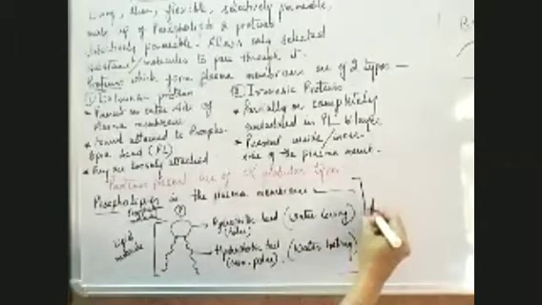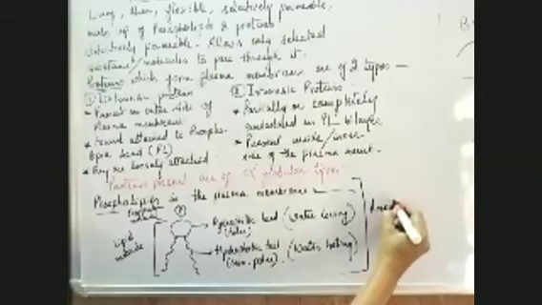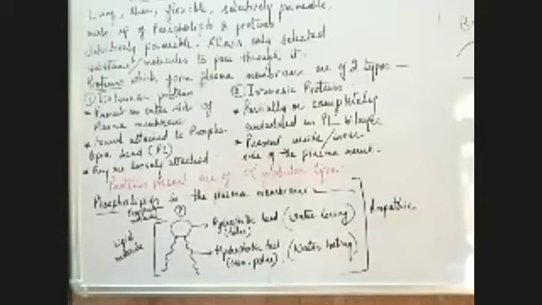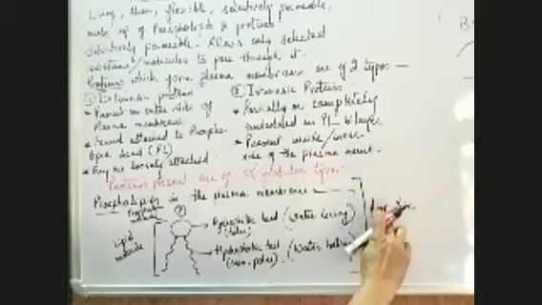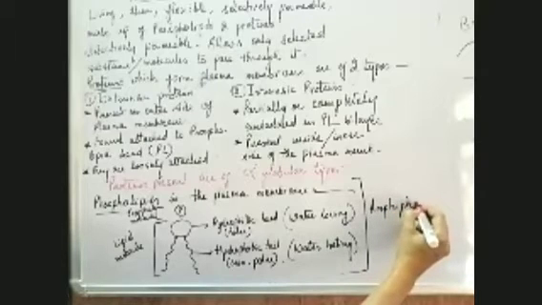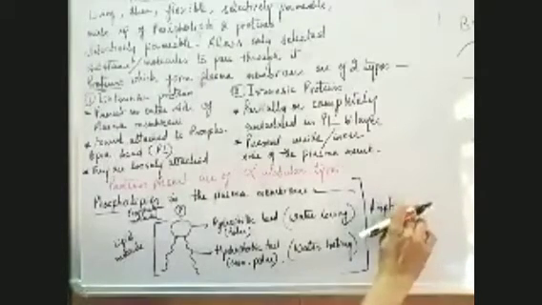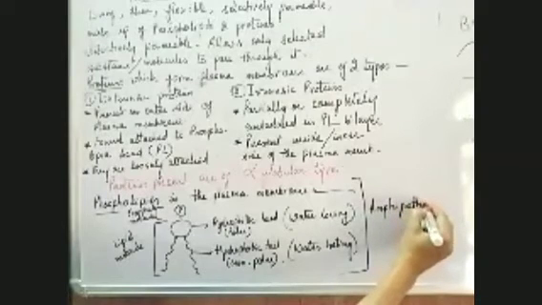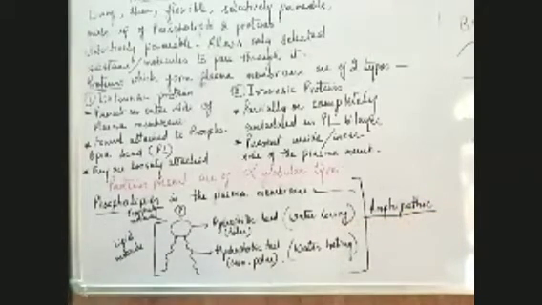This type of structure which is shown by phospholipids is known as amphipathic structure, or we call it amphipathic arrangement.